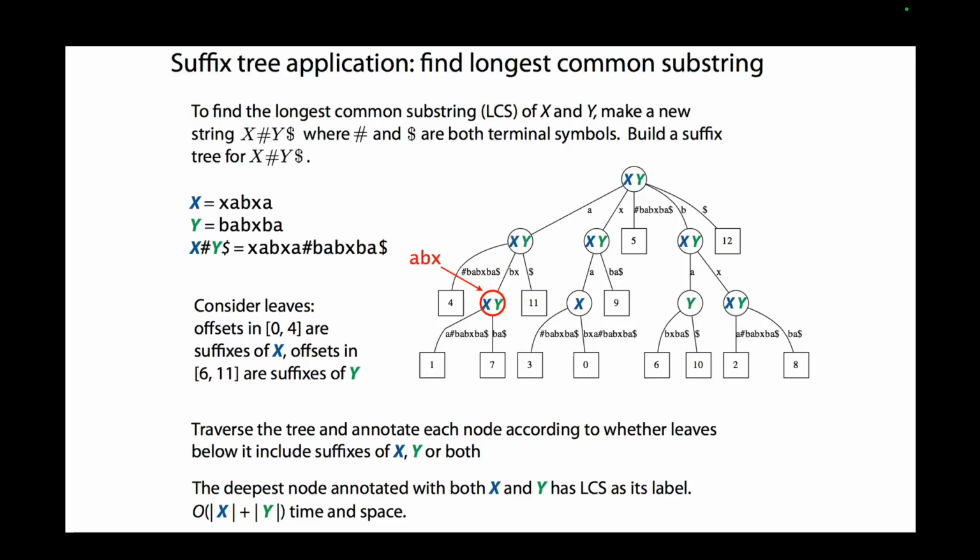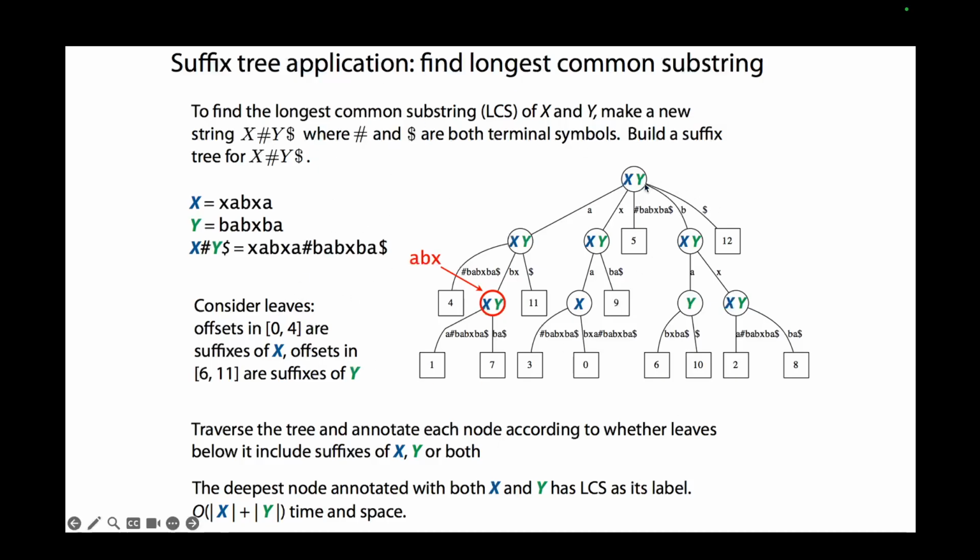Okay. Now you make a suffix tree for this particular string. So you have x like this, y like this. Now you concatenate x and y like this, right? So between x and y there is a special symbol, and after y there is a special symbol. So you have concatenated it like this, and now you build a suffix tree.